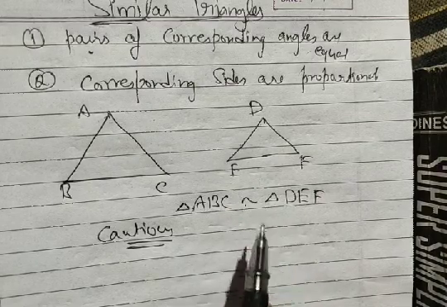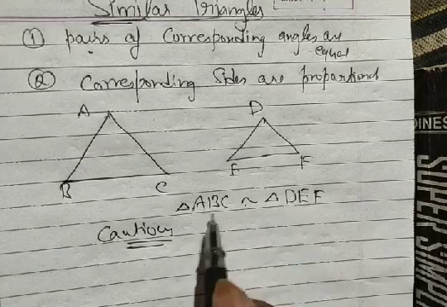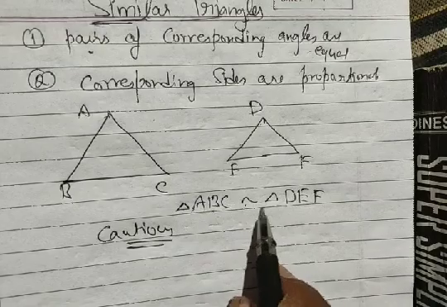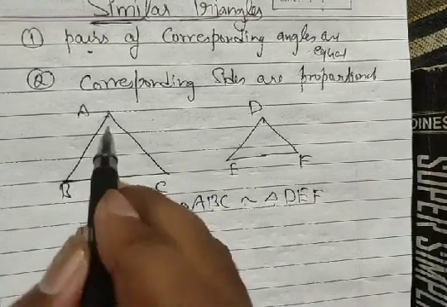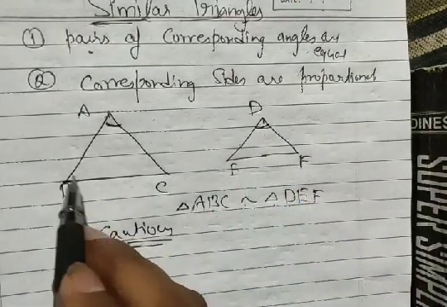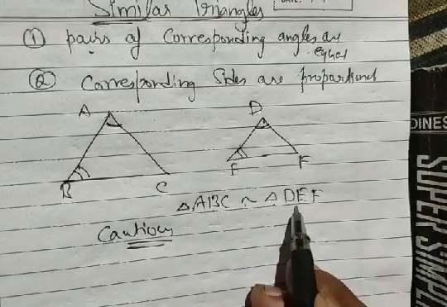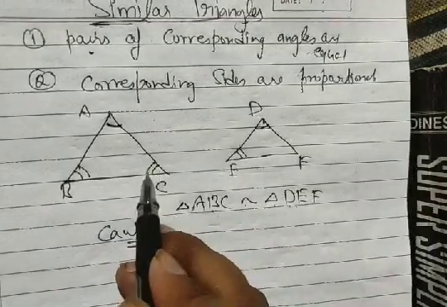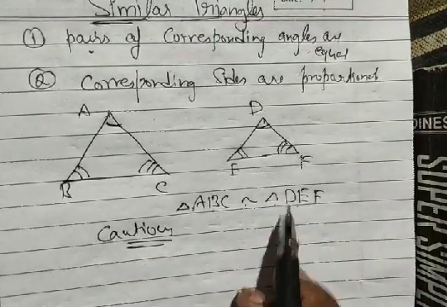The vertices are written in the order in which angles are equal. If we write triangle ABC is similar to triangle DEF, it means angle A is equal to angle D, angle B is equal to angle E, and angle C is equal to angle F.